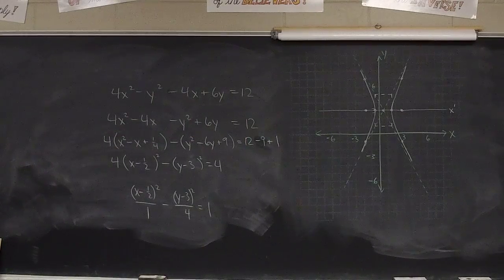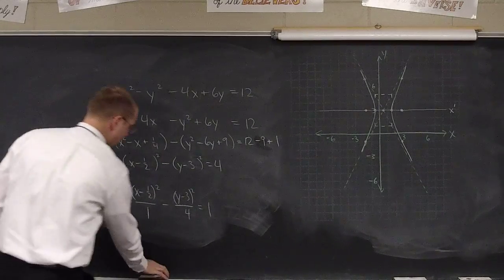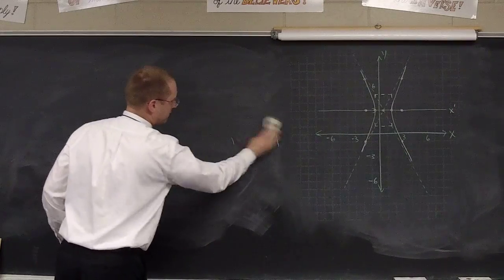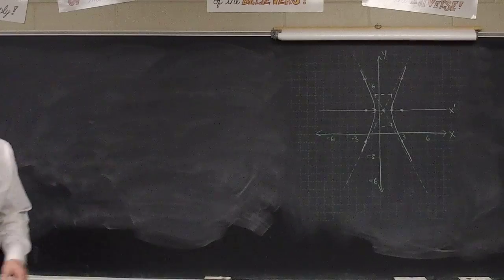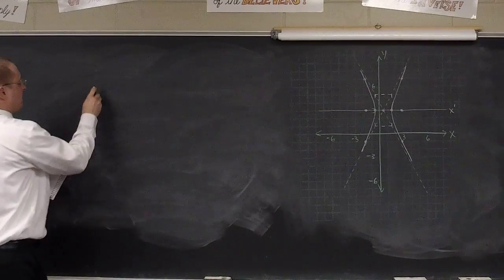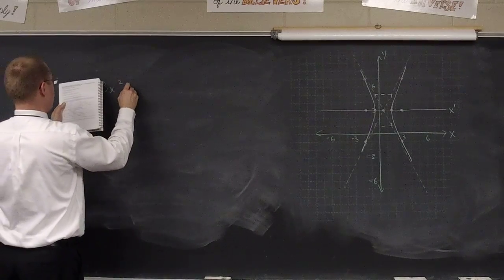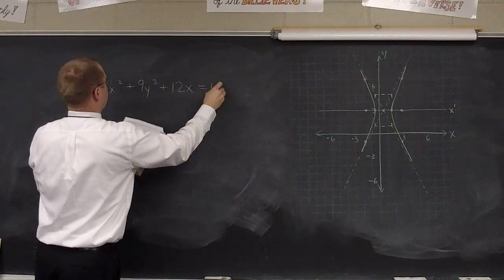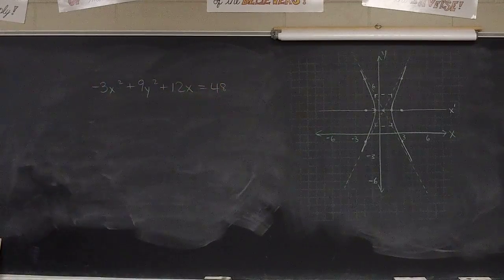How did we do on letter C, 10C? All right, last one from the homework then was 10E. And Jamie's turn with the algebra. We have a negative 3x squared, positive 9y squared, positive 12x equals 48. Jamie, go.